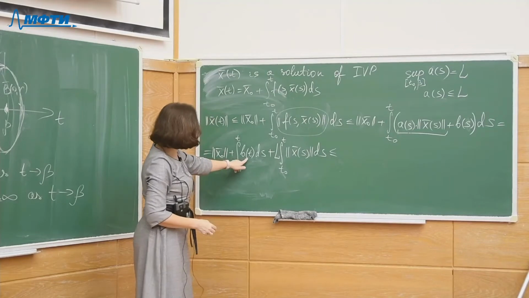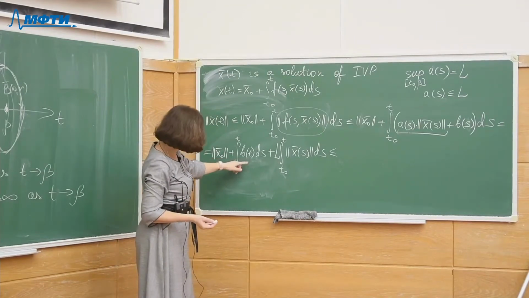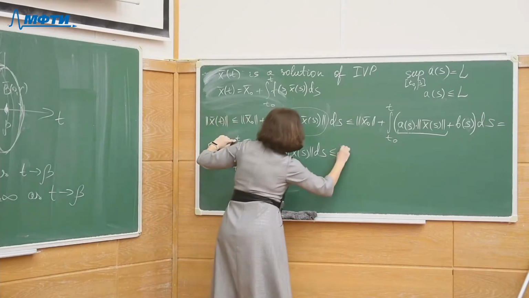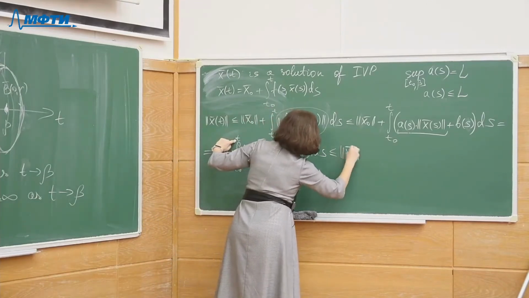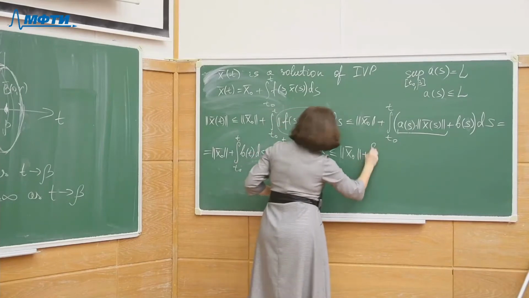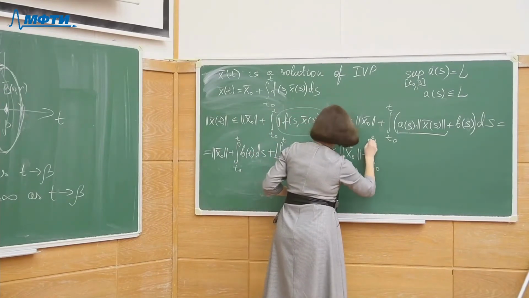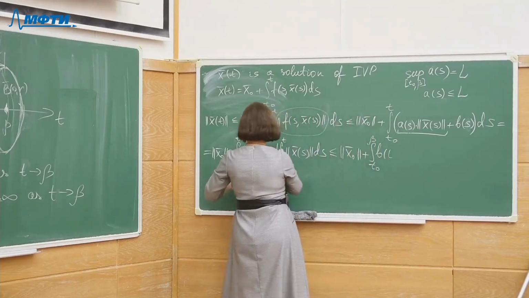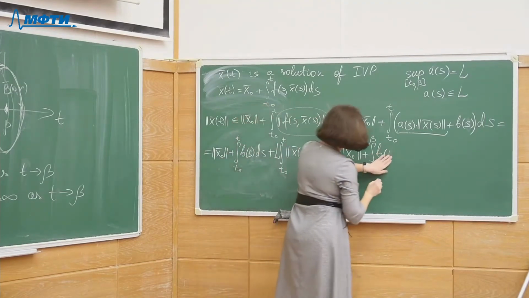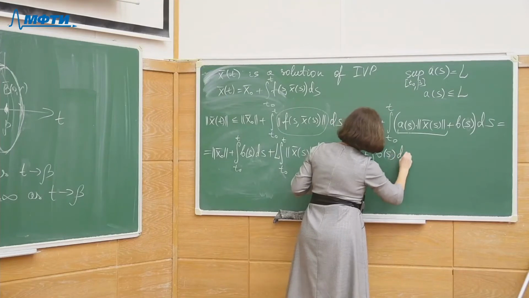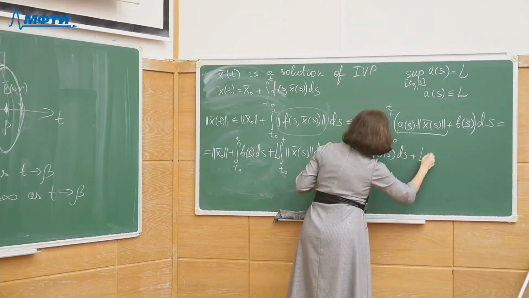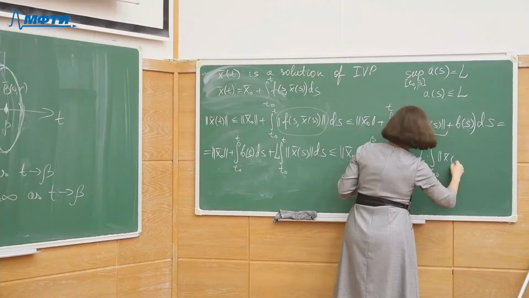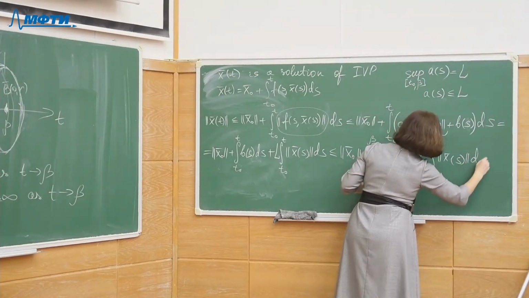Now b is a non-negative function, so we can replace t by beta, and we can write this plus the integral from t0 to beta of b of s ds plus L times the integral from t0 to t of the norm of x of s ds.